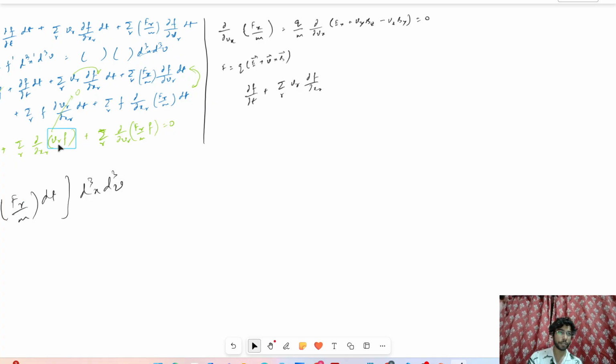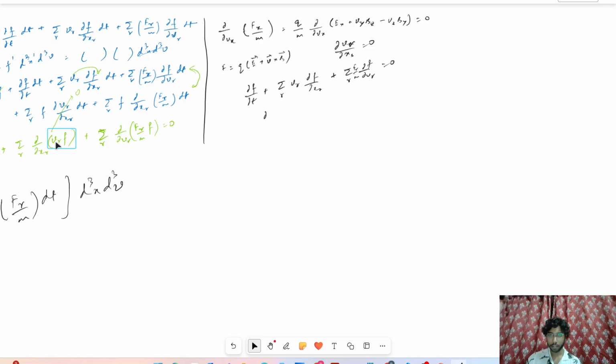Also in the second term, vr and xr are independent variables, so del vr del xr is equal to 0. So we can take vr out of the derivative, and Fr by m out of the derivative as well. We can write the equation like this.